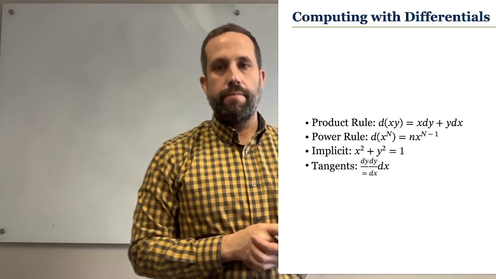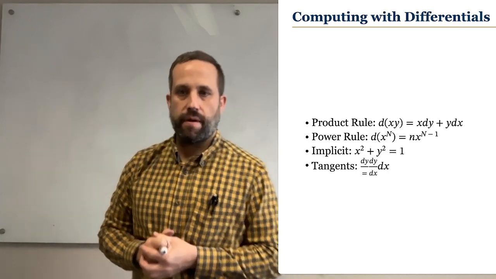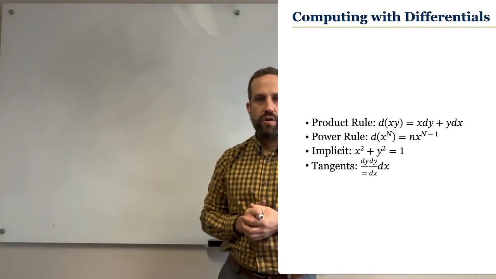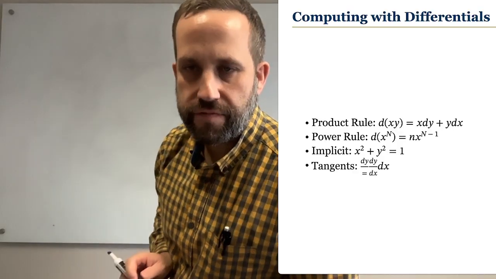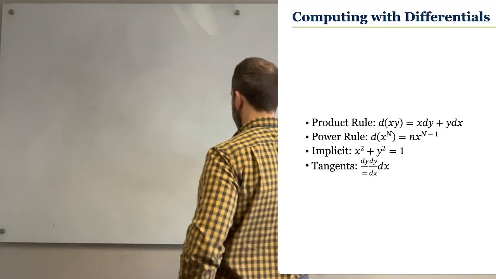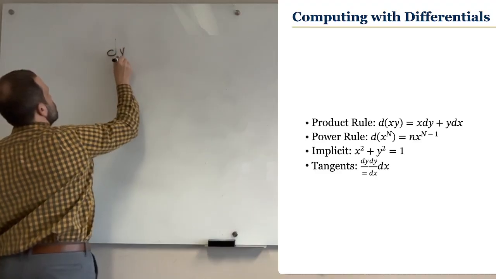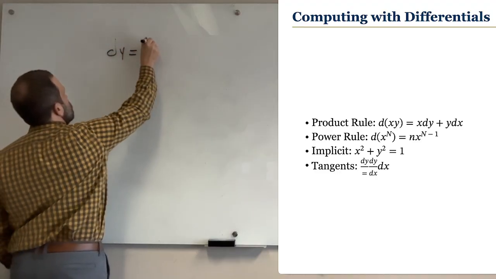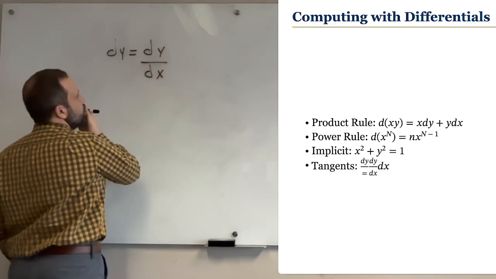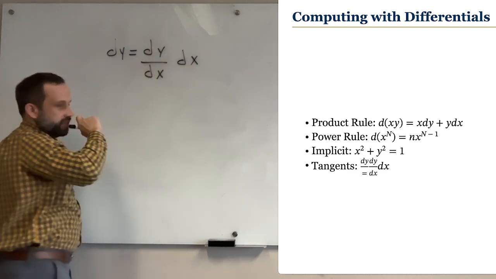Okay, now what about tangents? I've got some strange typo here that I can't quite figure out, but I think it should say dy is equal to dy/dx times dx.